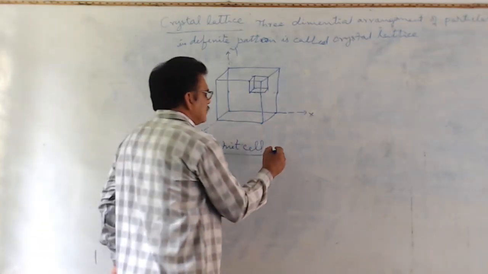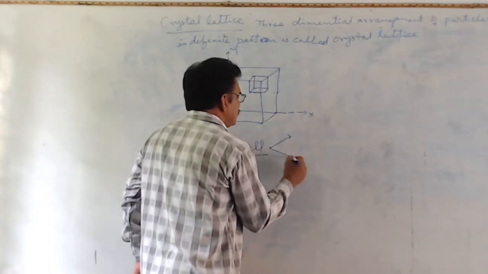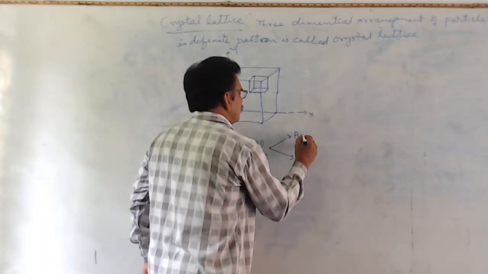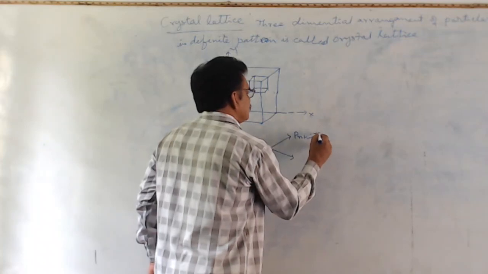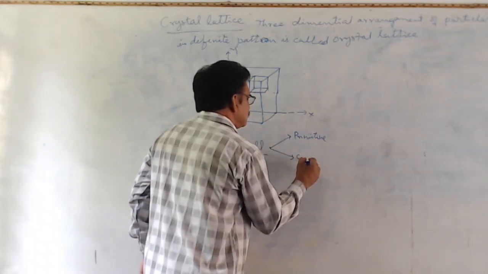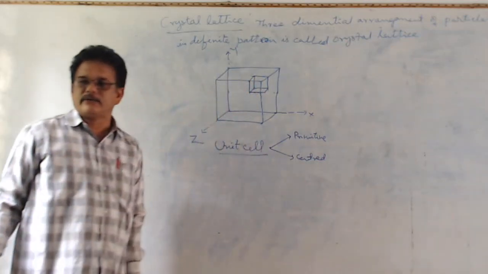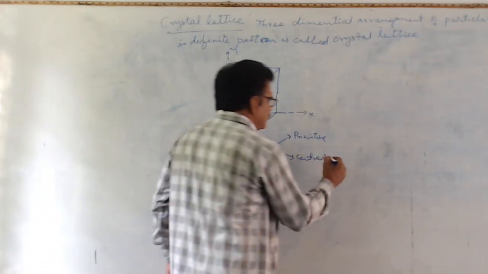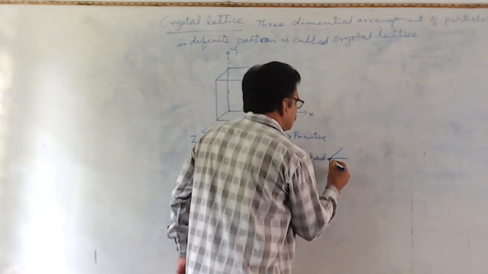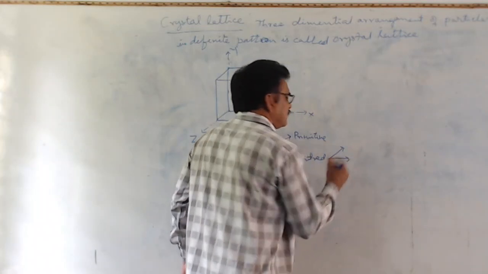This unit cell is divided into mainly two types. They are primitive unit cells and centered unit cells. These centered unit cells are again divided into three types.